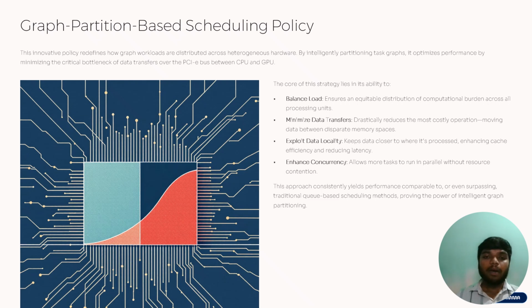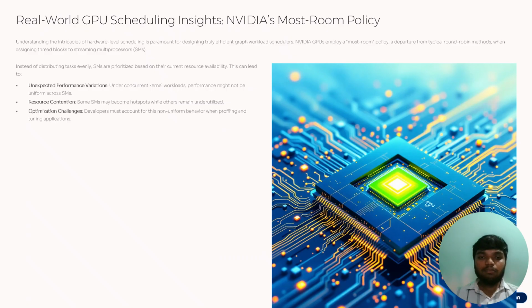Graph partition based scheduling policy. As I said before, graph partition means arranging the graph in a sorted order or in ascending order. Real world GPU scheduling insights.